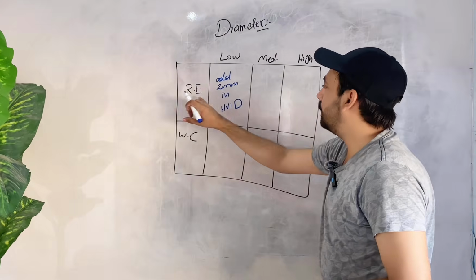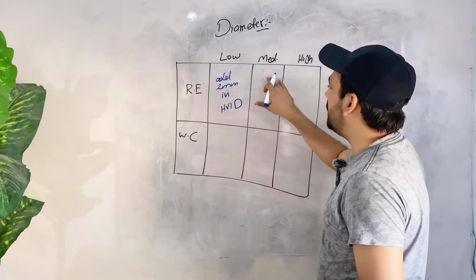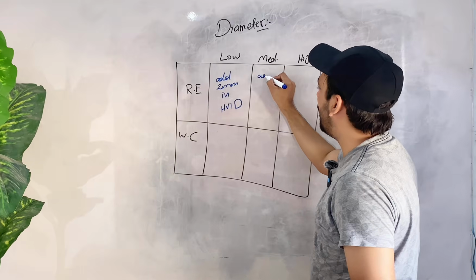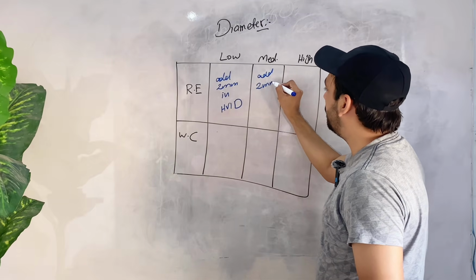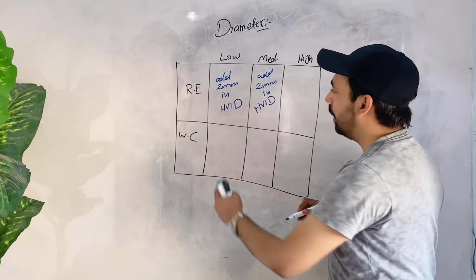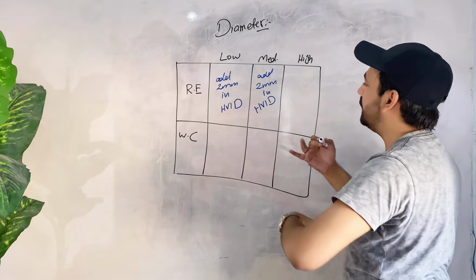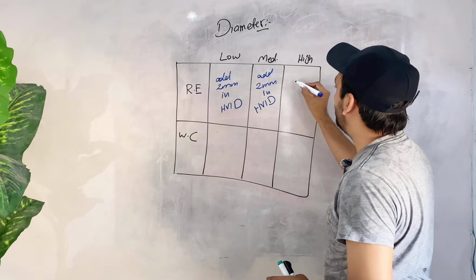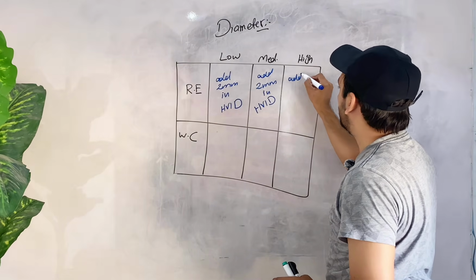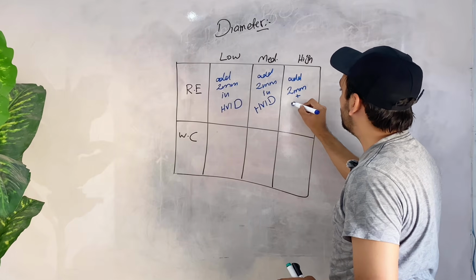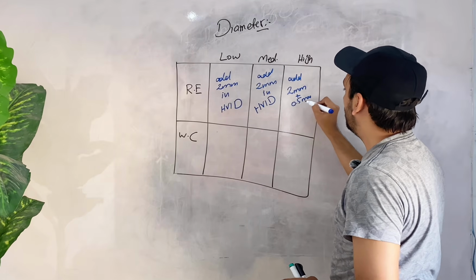And if, for example, the refractive error is medium, up to 5 or 6, then the same, we will add 2 mm to the HVID. Now, if the refractive error is so high, more than 10 or more than 12, then in this case we will add 2 mm plus 0.5 mm to the HVID.